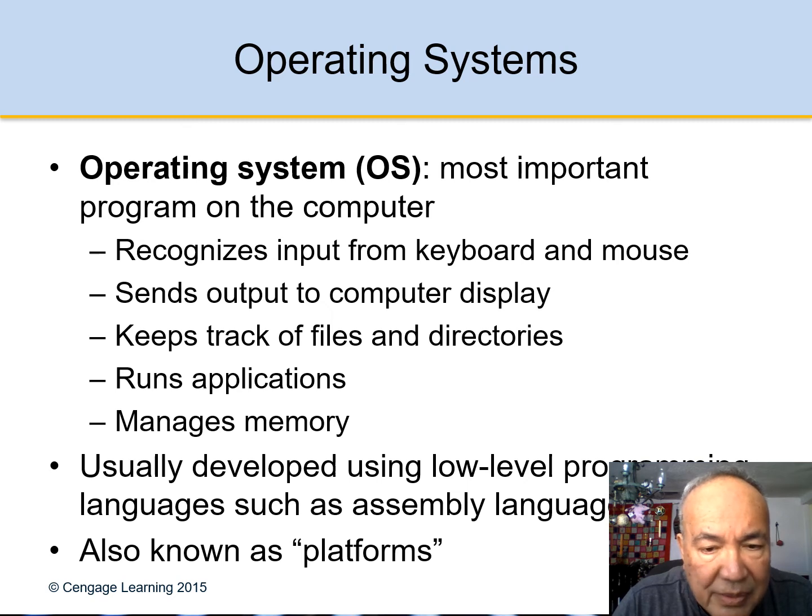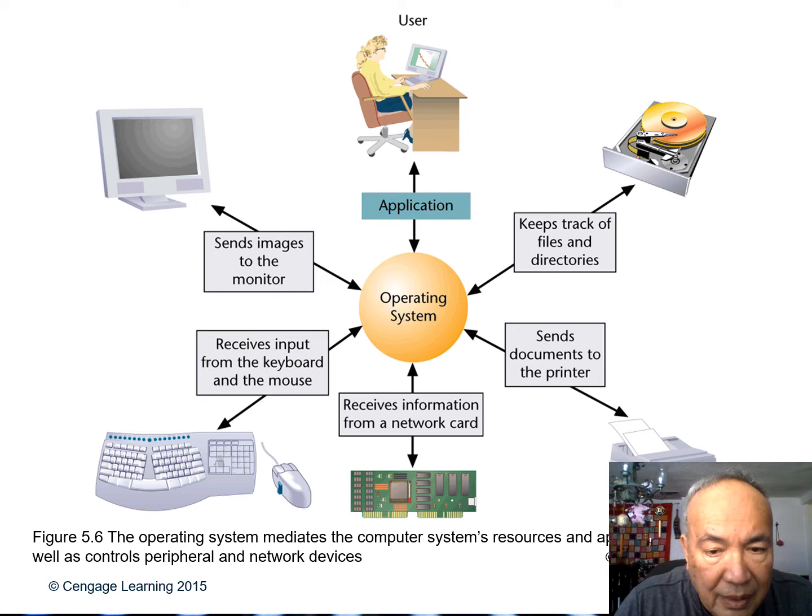So for operating systems, we have Microsoft, the most important. Another word for these is platforms. These are platforms wherein the application software runs. So here's the way it works. This is the operating system, and then we have the application here.